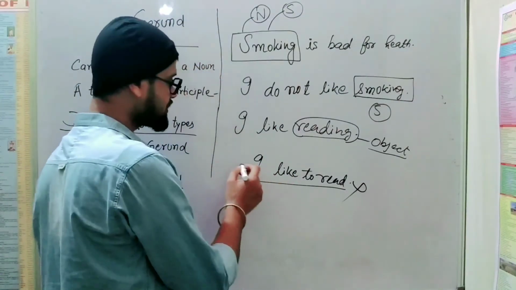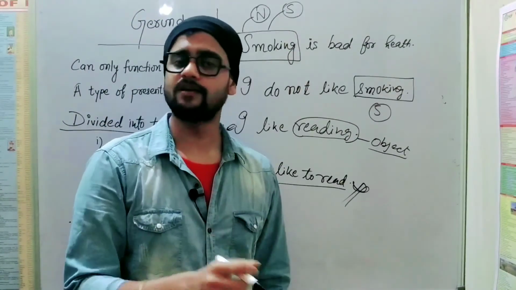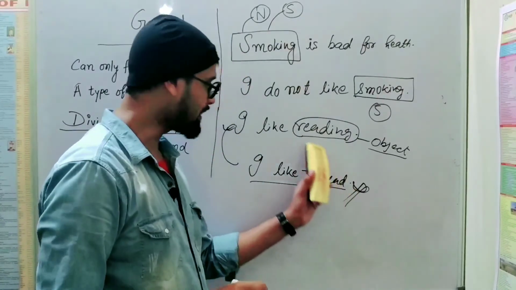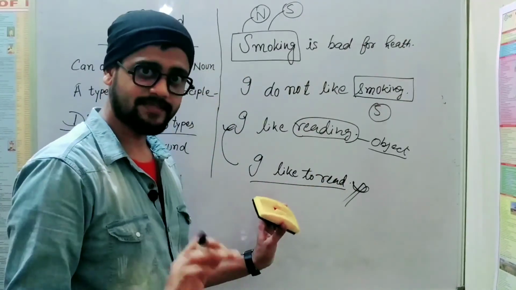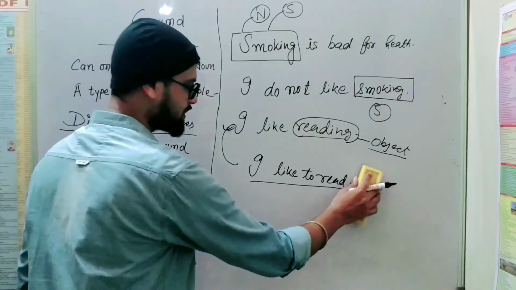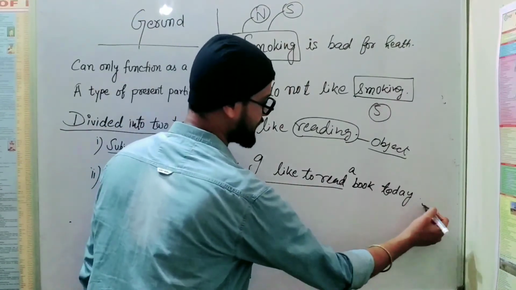The correct formation is I like reading. If you understand the difference between these three terms, participle, infinitive and gerund, then only you can identify why this sentence is incorrect and why this is correct. So in short, I'll repeat myself. I like to read is your incorrect statement. You can say like I like to read. Now this sentence is correct.